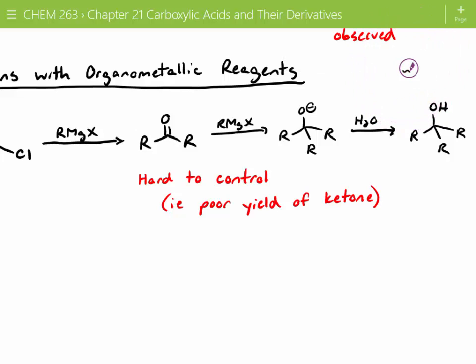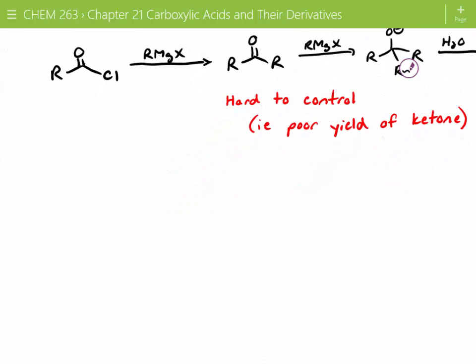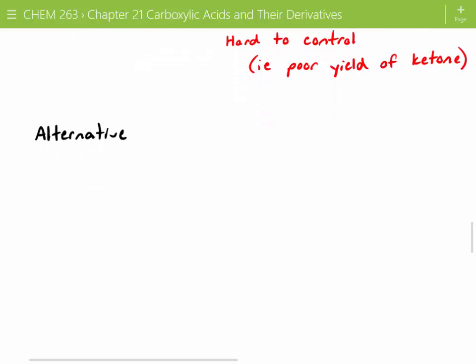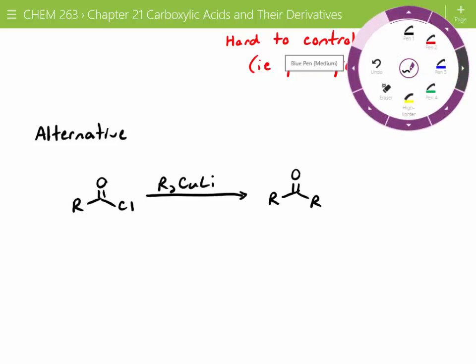So to get around it, we use a different organometallic reagent. And the organometallic reagent that we're going to use this time is a new one. So we can still start with our acid chloride. And so what this is called is a lithium dialkyl cuprate. And this will stop at the ketone.